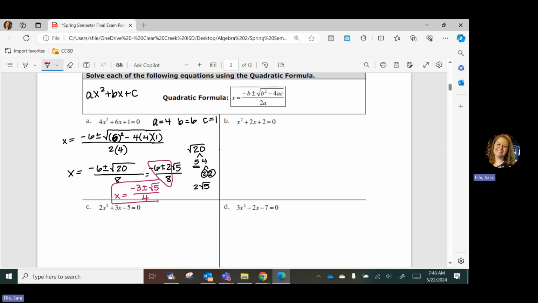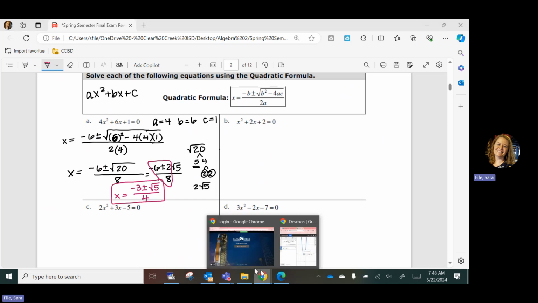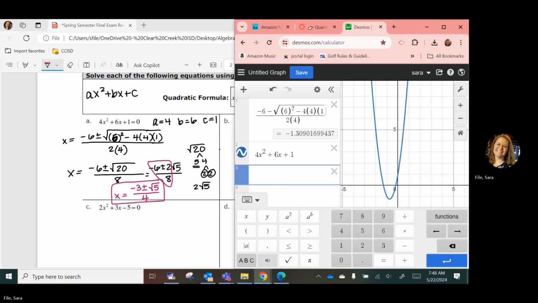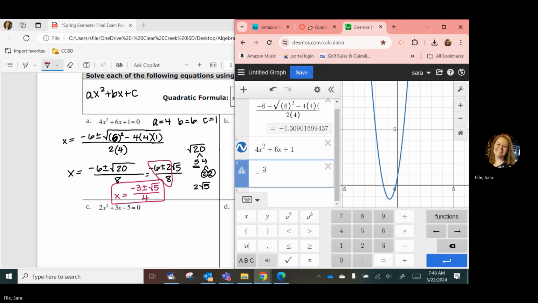And then if you wanted to confirm that that's what it comes out to, I can show you real fast. -3 plus the square root of 5 over 4. And look at that decimal.